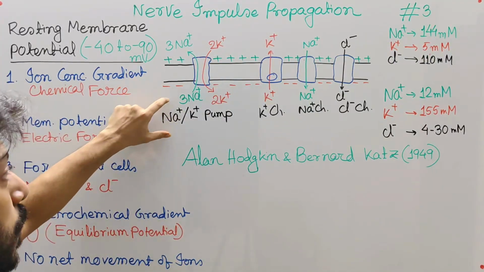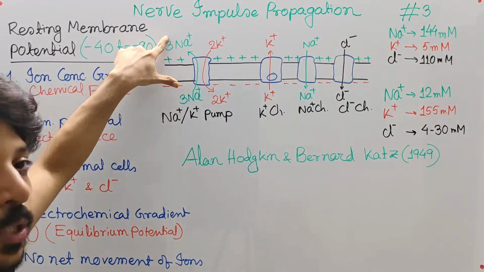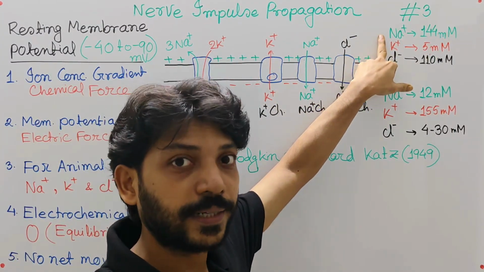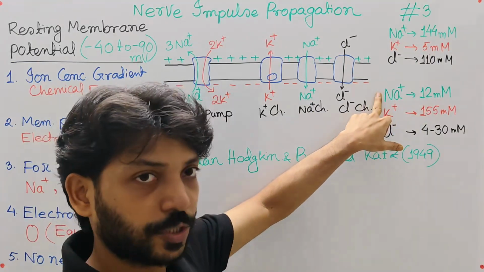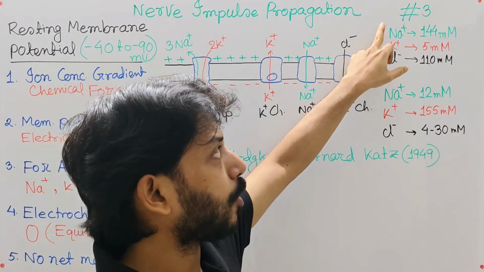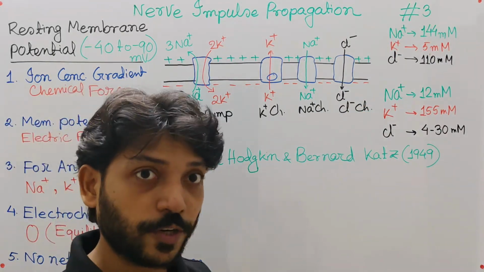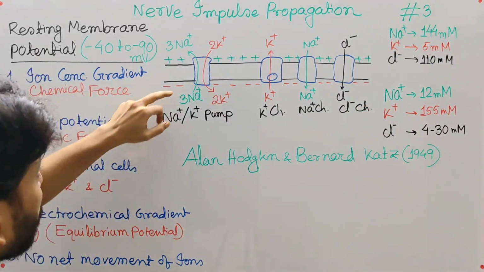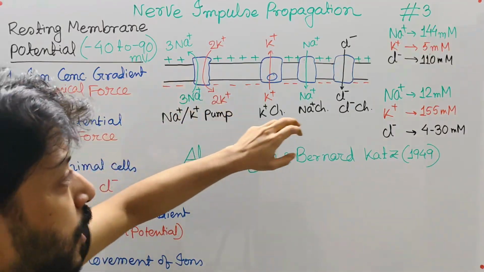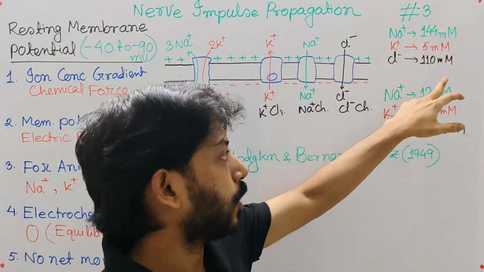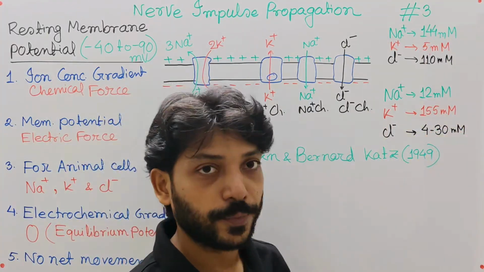Because this pump exports sodium, the external concentration of sodium is higher than the internal concentration. Sodium outside is 144 millimolar and inside is 12 millimolar in vertebrate cells. Because they import potassium, the concentration of potassium outside is lower, only 5 millimolar, and inside is higher, 155 millimolar.